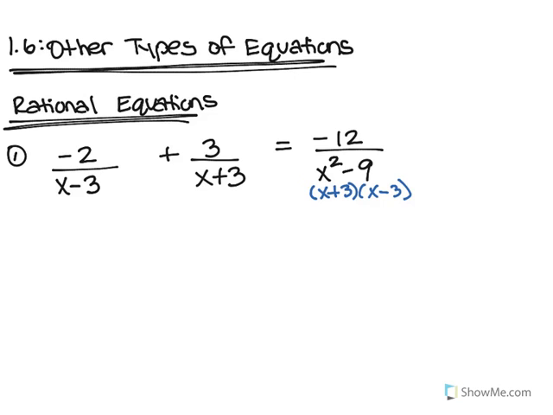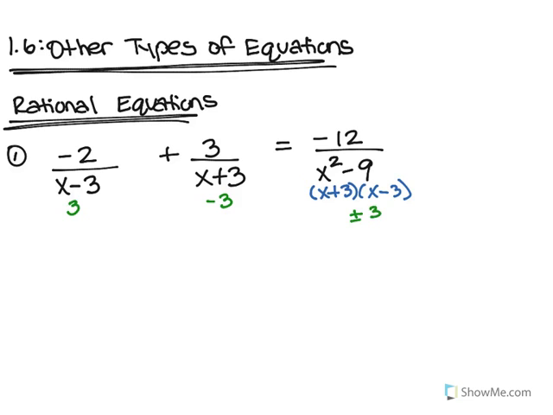Now, when I look at them, tell me what numbers can I not let x equal? Who can x not be? Positive 3 or negative 3. Very good. You can't let the first one be which one? Positive 3, right? We can't let the middle one be negative 3, and we can't let the last one be neither one. Does that make sense?